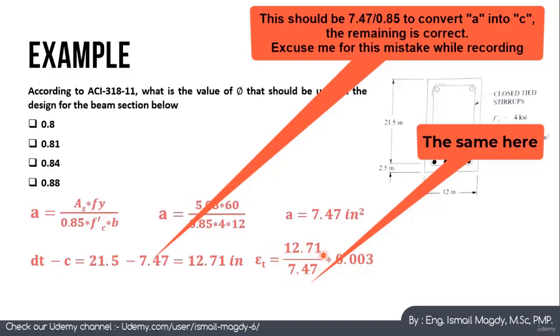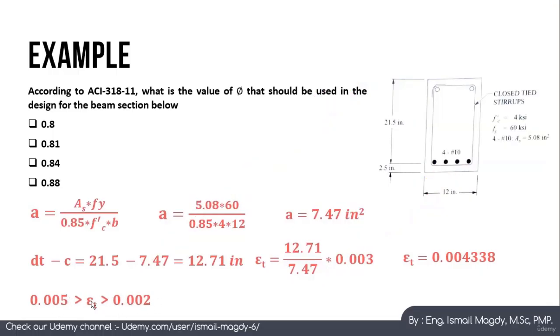So it is going to be 12.71 over 7.47, all multiplied by 0.003, which is going to equal 0.00433. This means that epsilon of the steel is more than 0.002 and less than 0.005. So phi is governed by the equation of 0.48 plus 83 multiplied by epsilon of the steel, which is 0.004338. So it is going to equal 0.84.